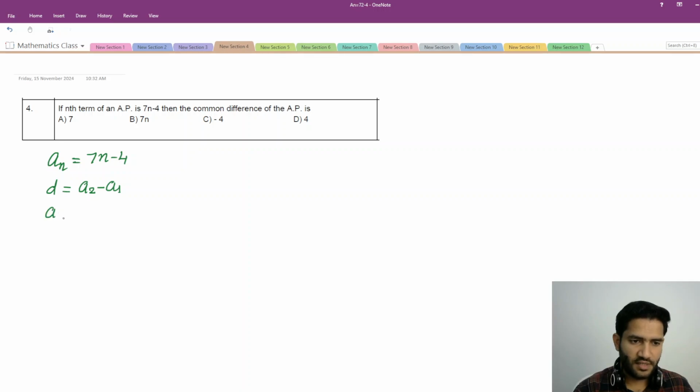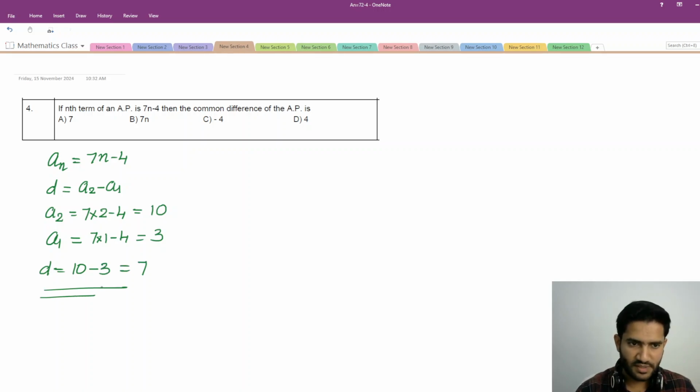We can find a2 by substituting n equal to 2. We'll get 14 minus 4, which is 10. We can find a1, that is 7 into 1 minus 4, which is equal to 3. So d is equal to 10 minus 3, that is 7. That is the normal method.